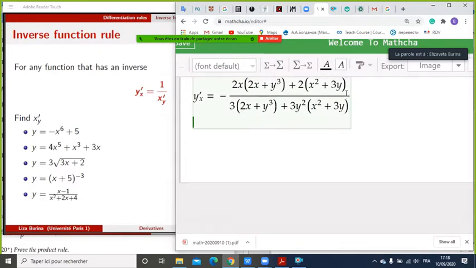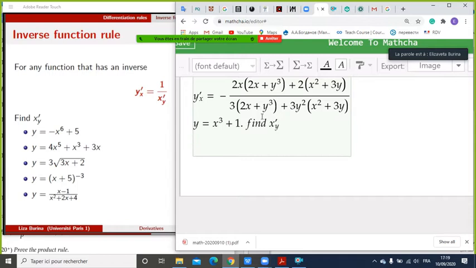So one example is y equals x cubed plus 1. What we want is to find, so for it to be the same framework, x prime y.